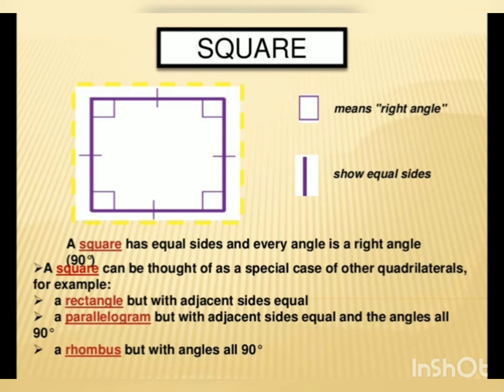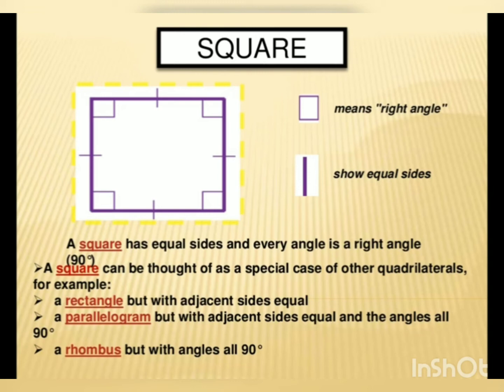All angles are 90 degrees. Diagonals are equal and they bisect each other at 90 degrees. So that means diagonals are perpendicular to each other. Diagonals divide the quadrilateral into two congruent triangles and bisect the angle at the vertex.